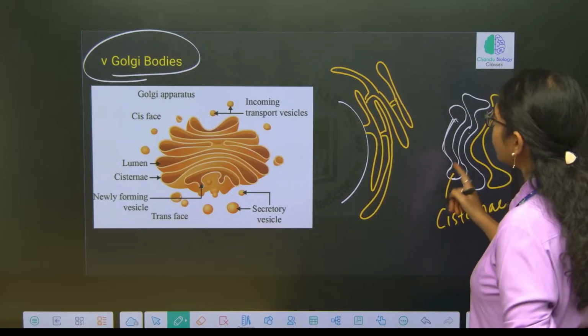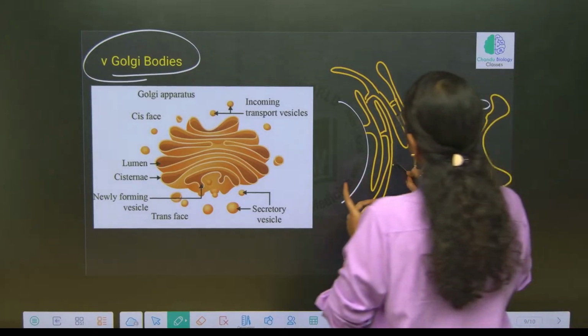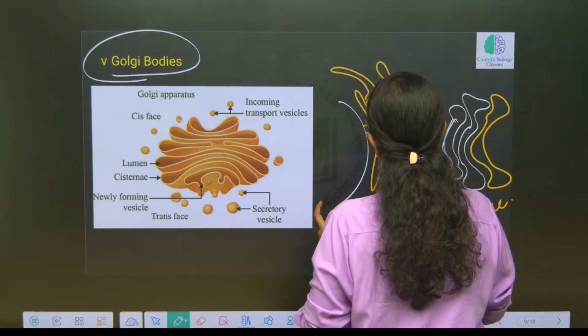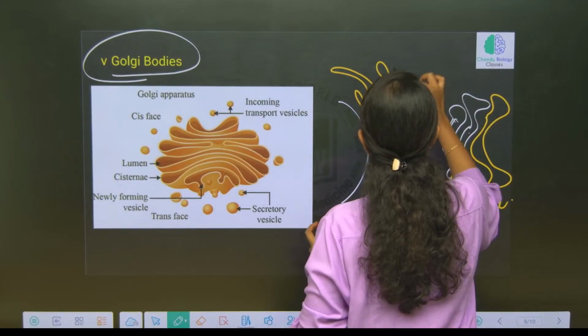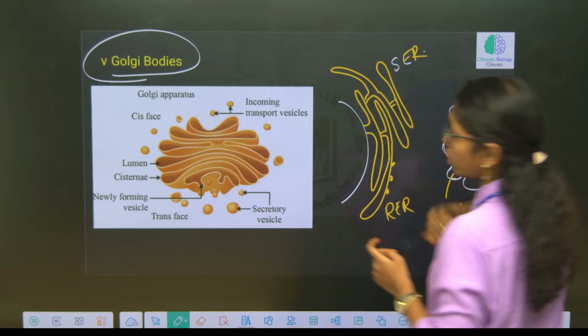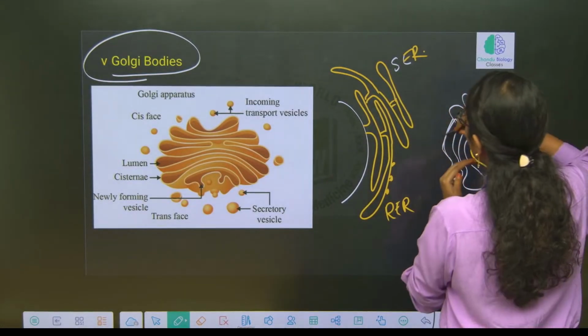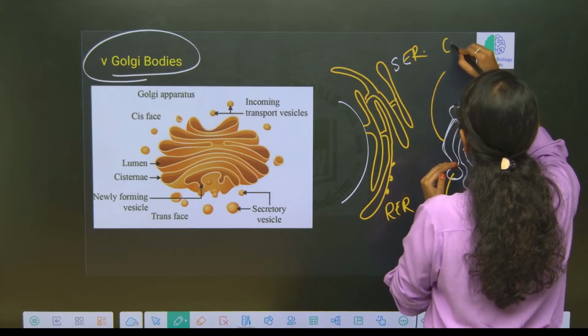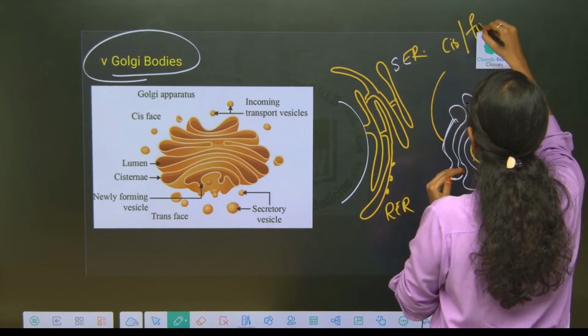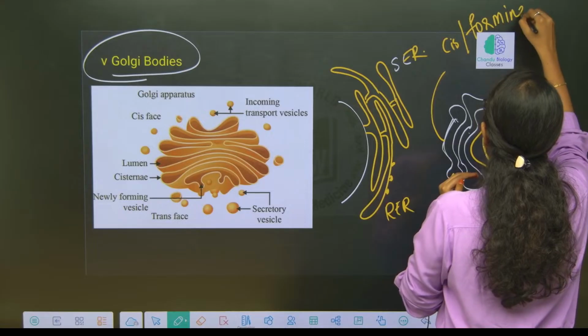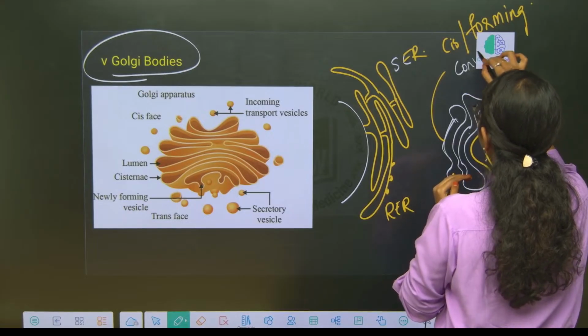The face which is facing towards the RER and SER, smooth endoplasmic reticulum and rough endoplasmic reticulum, is called the cis phase or forming phase or convex phase.